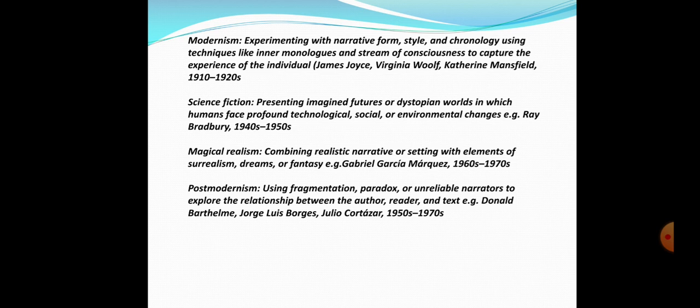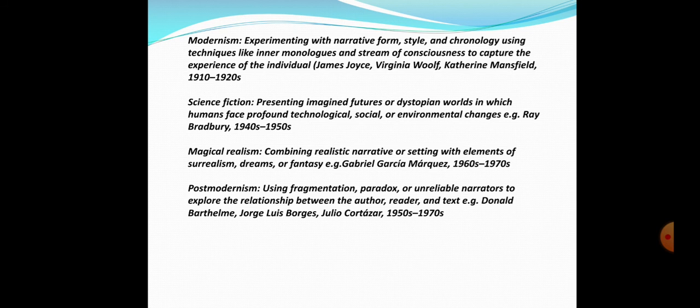Then we have science fiction, presenting imagined futures or dystopian worlds in which humans face profound technological, social, or environmental changes. For example, the author is Ray Bradbury from the 1940s to the 1950s.